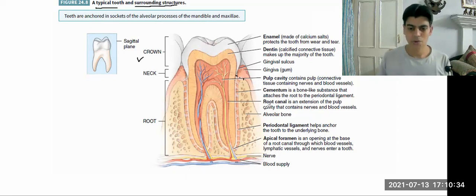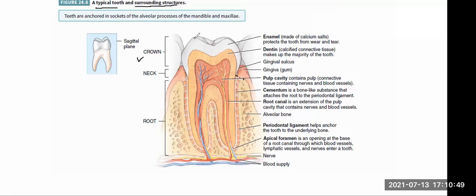So this is your crown, this is your neck, this is your root, and the tooth is anchored inside the socket.